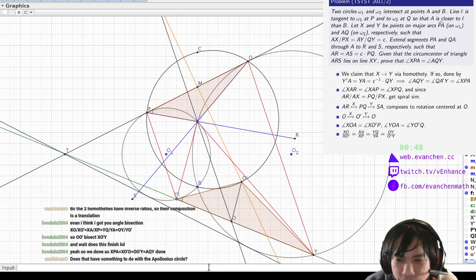Does that have something to do with Apollonians? It looks like it. Like, so, I know that AO is supposed to bisect XAY. Like, I'm pretty sure that's equivalent. Also, another condition that would solve the problem.